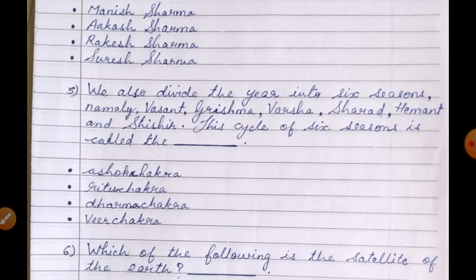Fifth one, we also divide the year into 6 seasons, namely Vasant, Grishma, Varsha, Sharad, Hemant and Shishir. This cycle of 6 seasons is called the dash. Options are Ashok Chakra, Ritu Chakra, Dharma Chakra, Veer Chakra.